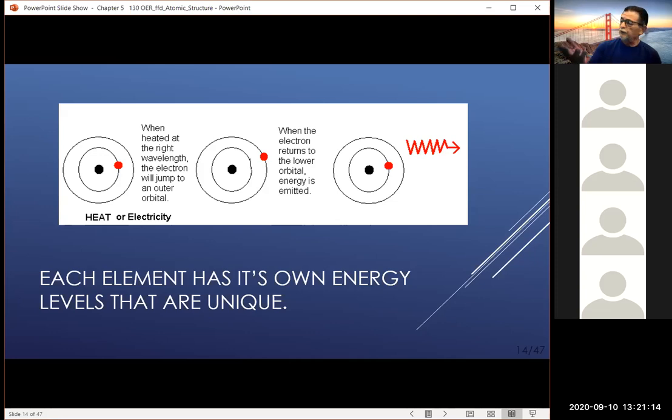It's happening now if you have fluorescent light, any light, LED or the old incandescent light or fluorescent lights. The atoms in that light are being excited with the electricity. They go up to the excited state. They hang out there for a little bit and they drop back down. And when they drop back down, they release that energy as light. Hence, we have a light bulb.